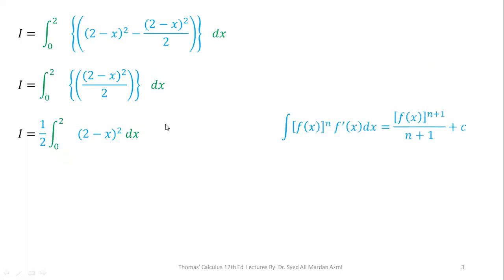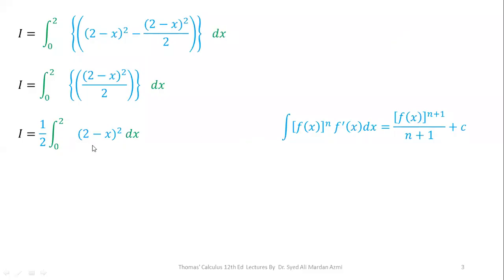Now, in the next step, we will perform the integration with the help of a formula. What is this formula? If there is a function with some power and the derivative of the function is available as a multiplier, then in the process of integration we perform integration as f of x raised to power n plus 1 over n plus 1 plus c. It means we add 1 to the power of the function and then divide by it.